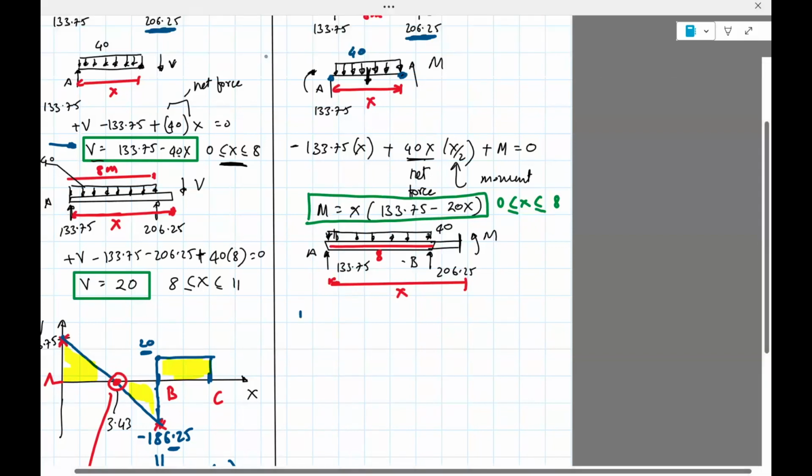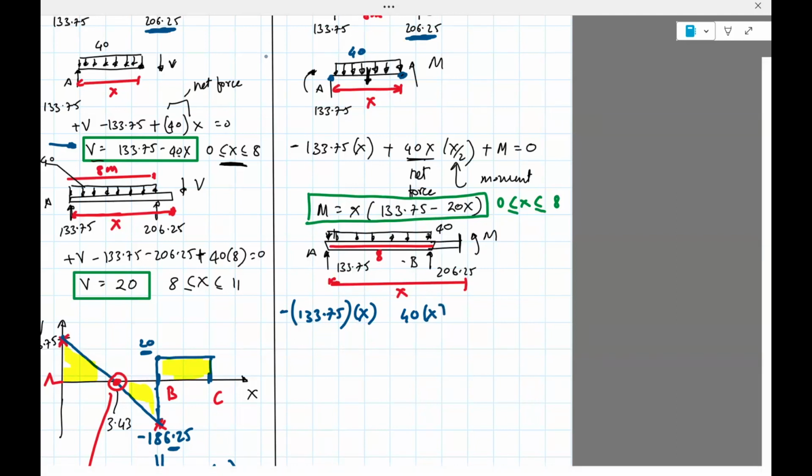So let's write 133.75 at a distance of x. It's going to induce a clockwise moment, so negative. Then we have the 40 kilonewton per meter force. It's basically force times the length over which it acts, so it's 8.